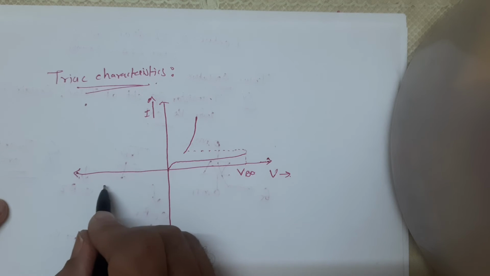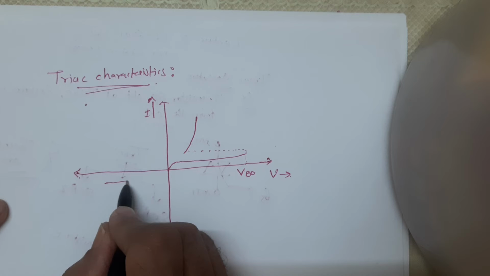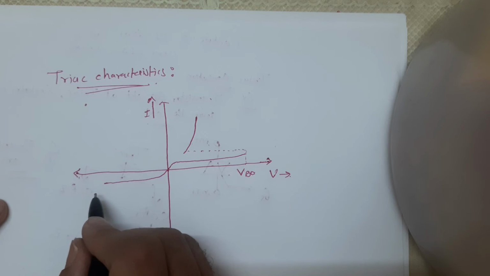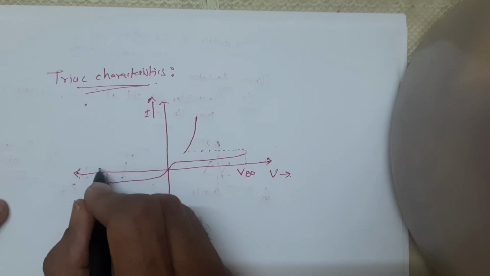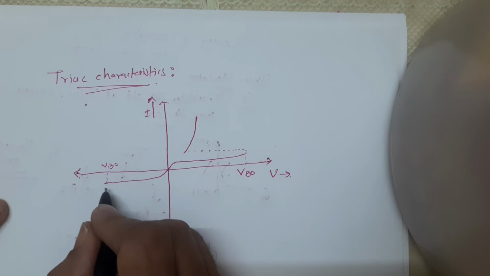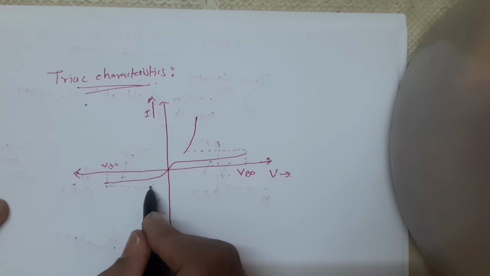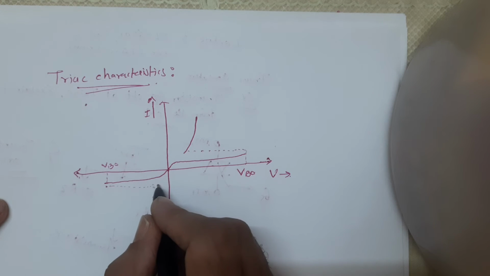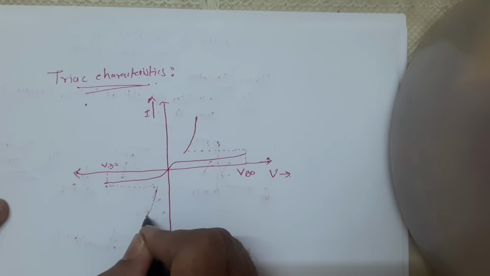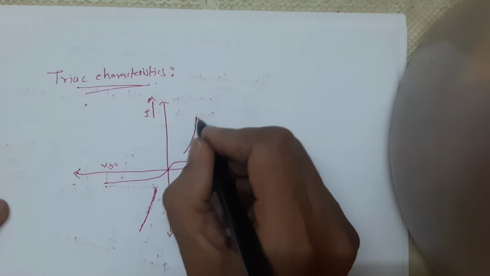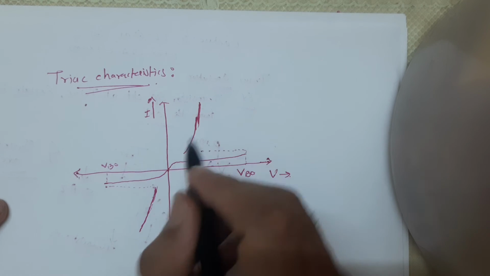When the second part comes, it looks like this. Here, this is our VBO, breakover voltage. Hence, it is switched on, current passes, voltage decreases and current increases. Current is high.